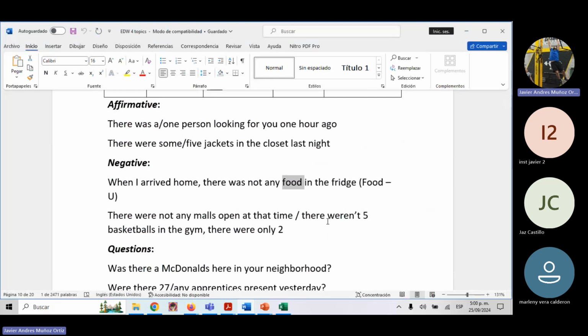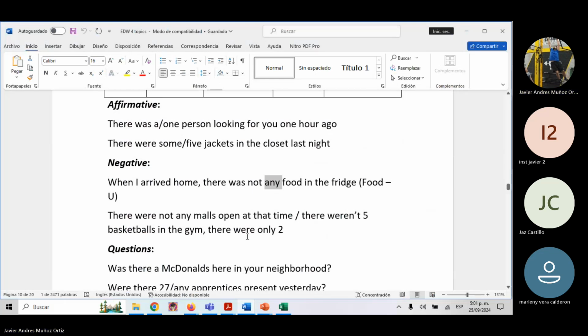So this is why it's used as a singular noun. There was is also singular, and we use any when we cannot count the amount, or also with negative sentences, right? For plurals, there were not any malls open in my neighborhood at the time because it was too late, 2 a.m. So everything was closed. Man, we are not in Disney, so sorry.